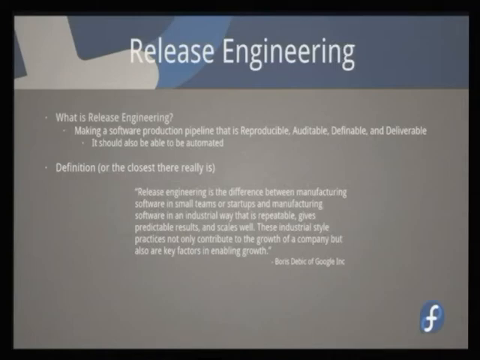The auditable and reproducible components are the important ones, because definable and deliverable you can do on your laptop. Reproducible and auditable are what we care about, so that we have a well-established trust chain with the user base. So when we say that we've shipped something and it contains these things, we can verify that.